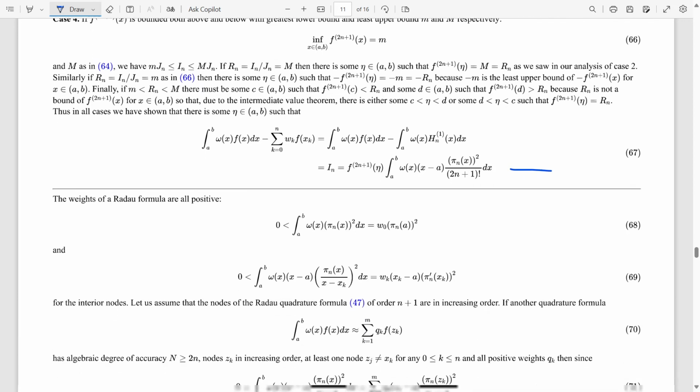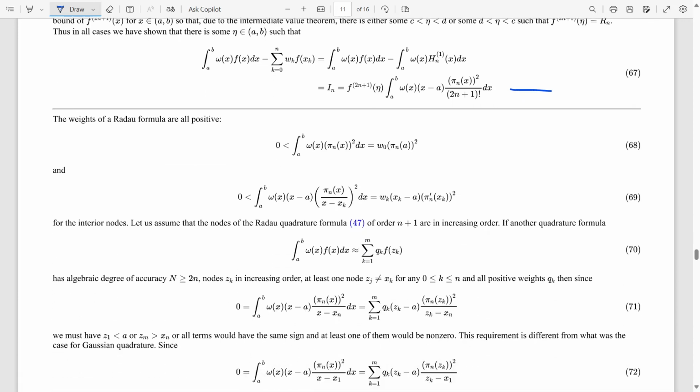Now, it's easy to show that the weights of Radau quadrature formula are all positive. Here's the proof for W naught, and here's the proof for the other weights.